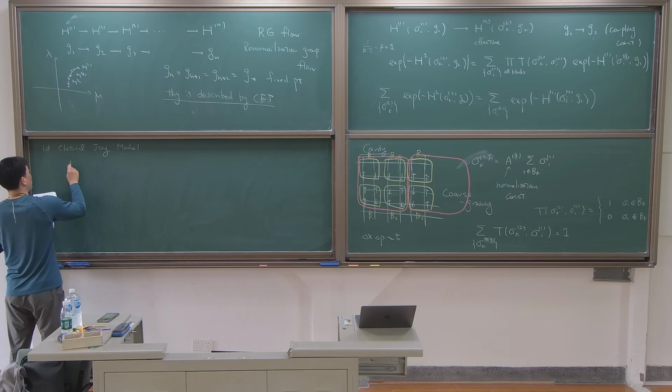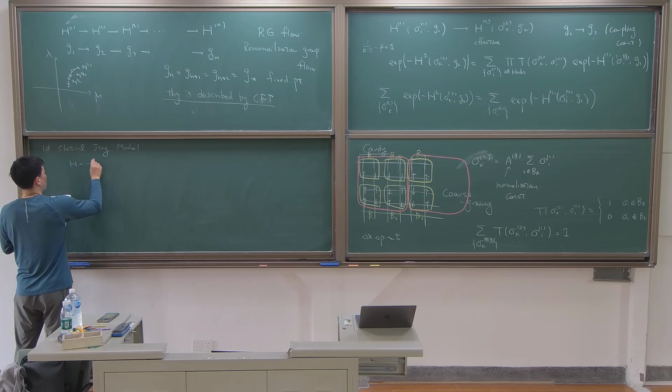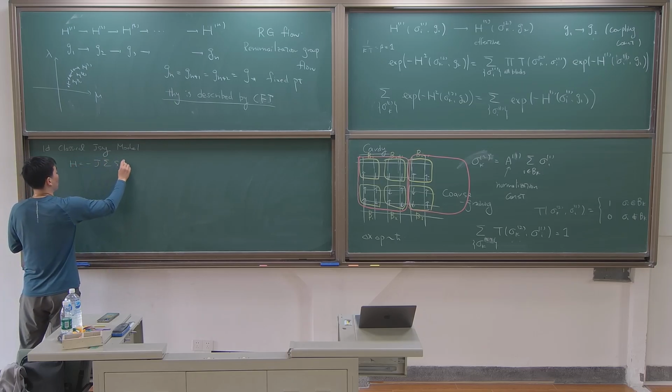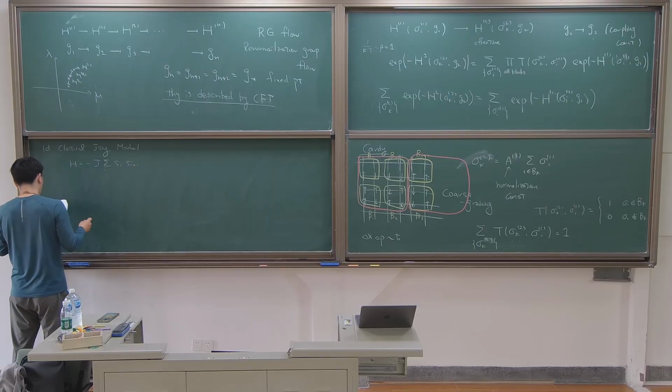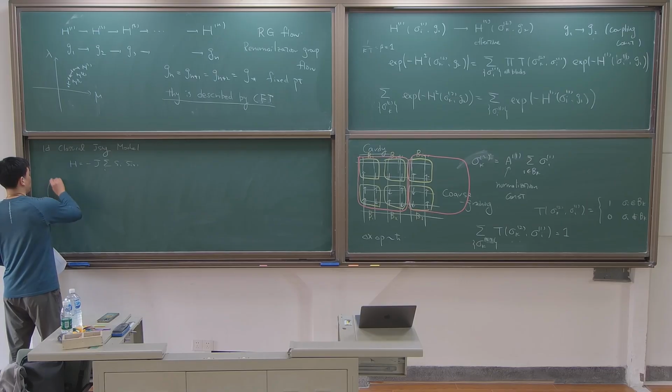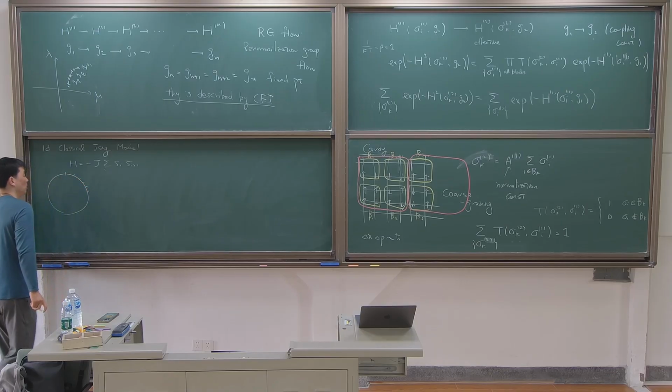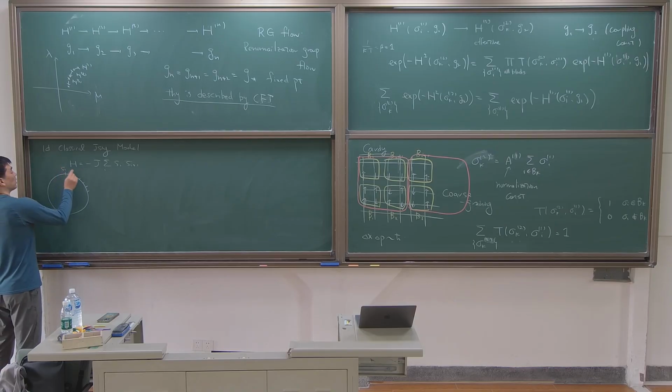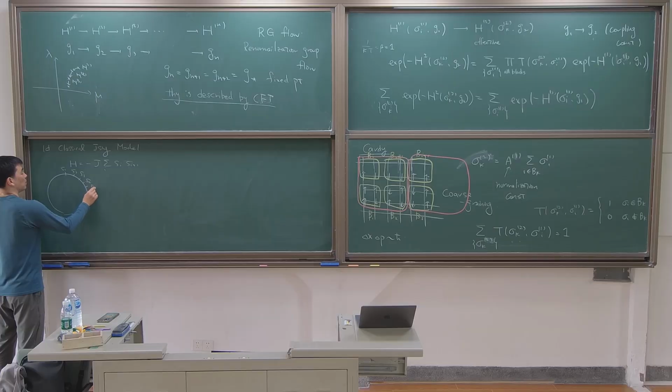Okay, H is equal to... and then we have the spins S1, S2, S3, S4, S5, S6, and so on.